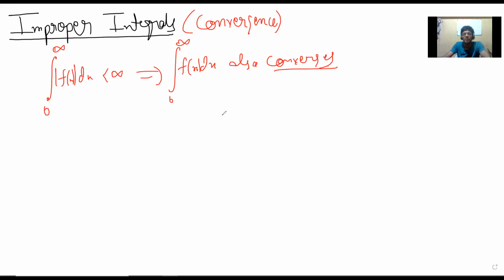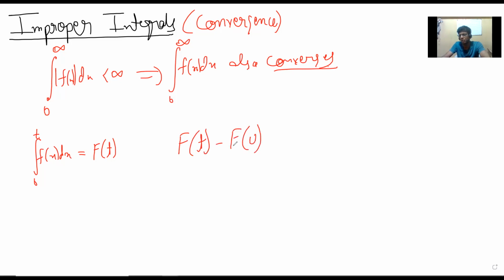Let's see. If you take the integral from 0 to t, and call this f(t), then you're just looking at the limit as t goes to infinity. But it's hard to show that that limit exists just by knowing that the other limit exists. What we can look at is the difference: f(t) minus f(u), for some other u.